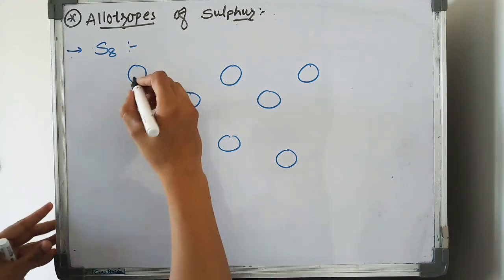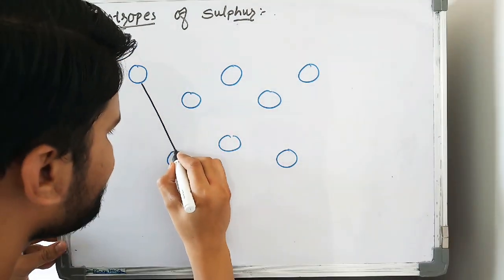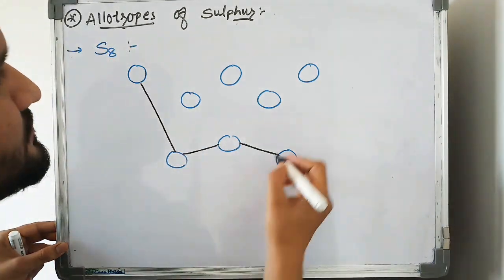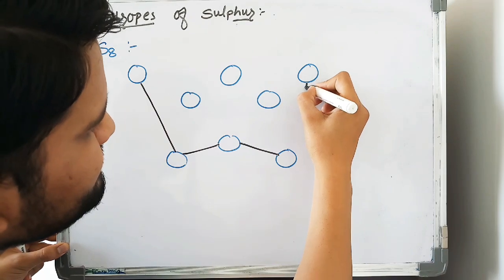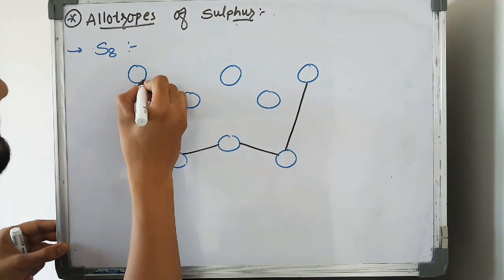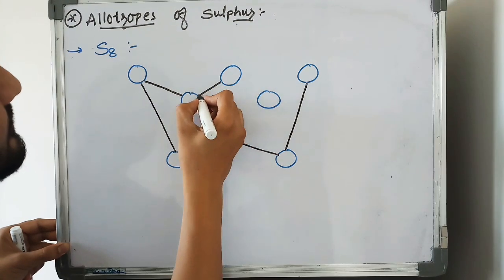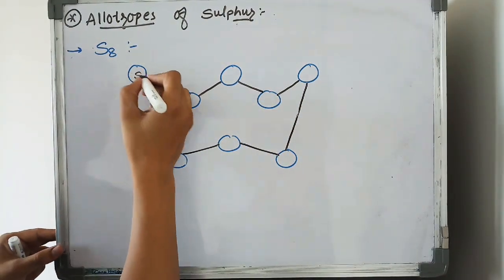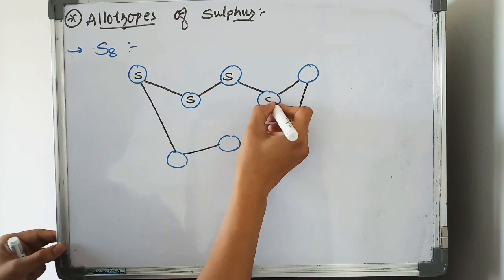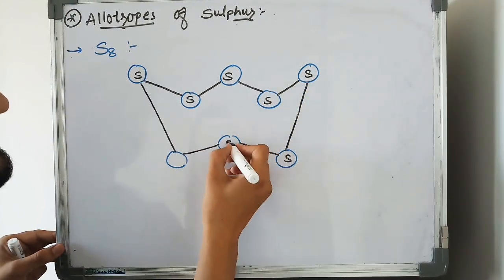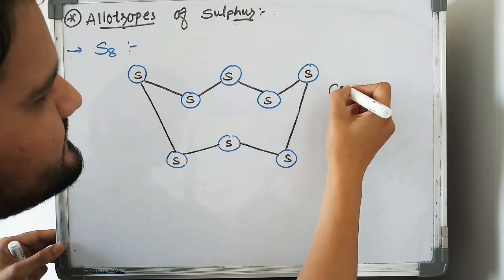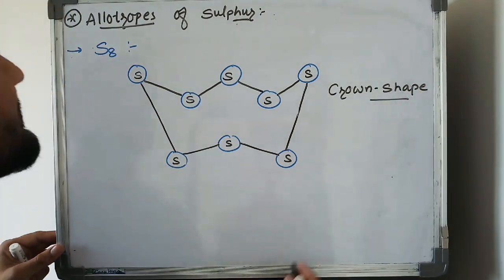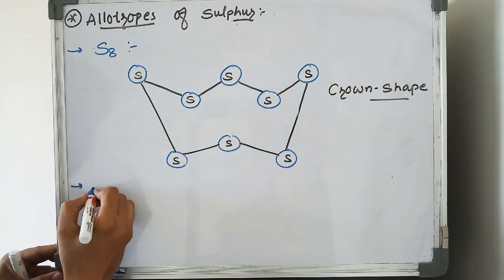This is called crown shape. 1, 2, 3, 4, 5, 6, 7, 8. So the S8 molecular form consists of which type of shape? Crown shape.